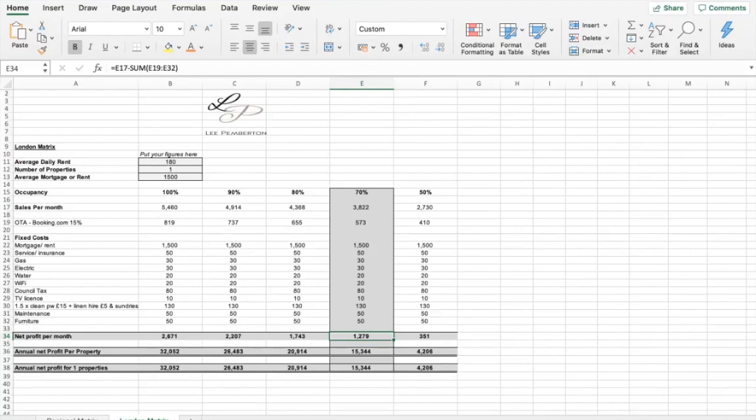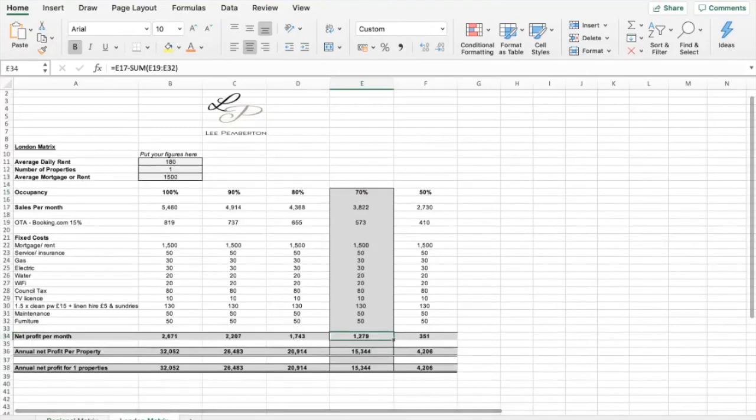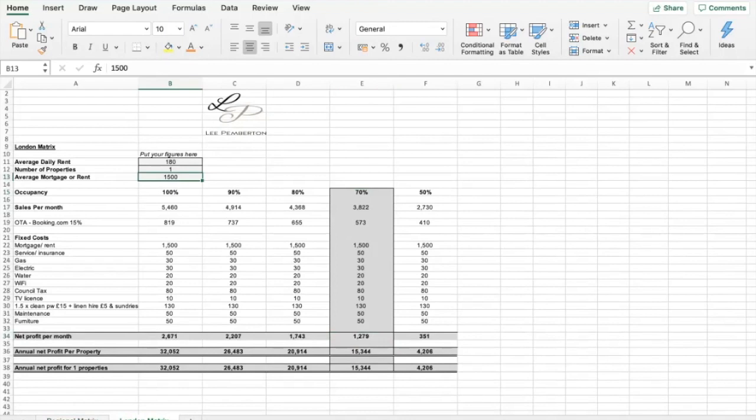If I go back to the regional example, my liability is £600 a month and I'm making £458 net profit per month. So you can see that when your liability is a lot less, obviously your profit's going to be less. And when your liability is a lot higher, as in this example with the £1,500, then you would definitely be expecting your net profit to be higher.